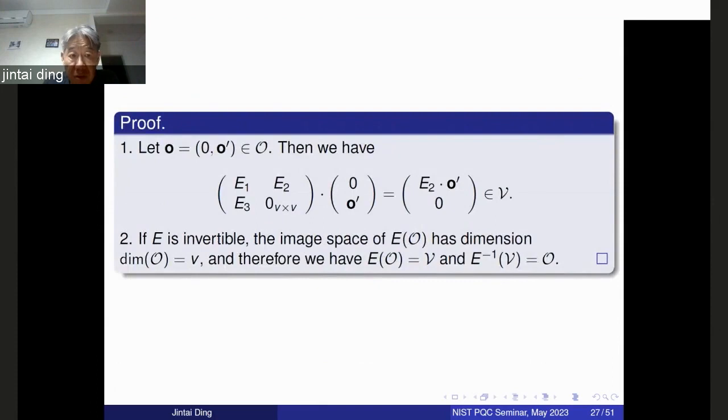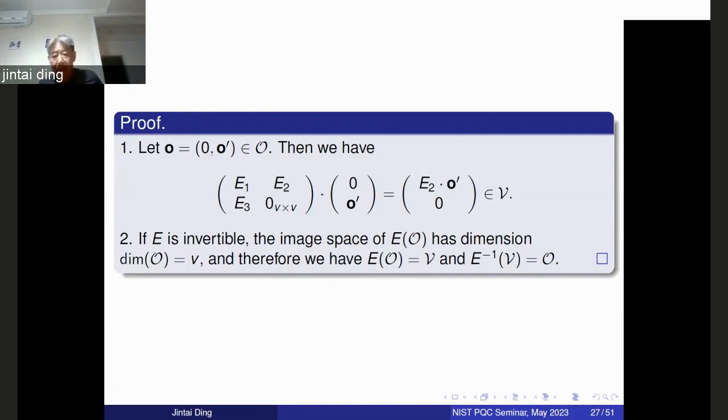And this proof is also very simple. The first one, you just compute, and you can see easily that you map all the Oil space to V. And if it's invertible, there's no non-trivial null space, so clearly the inverse image of V under E is still equal to O. So this is the trivial conclusion we can derive.